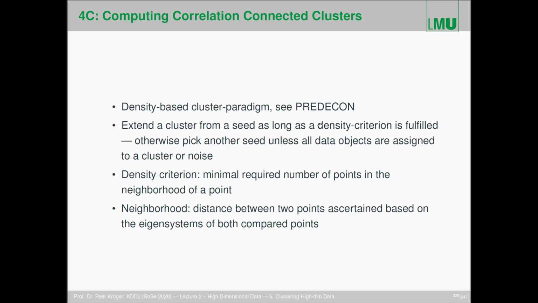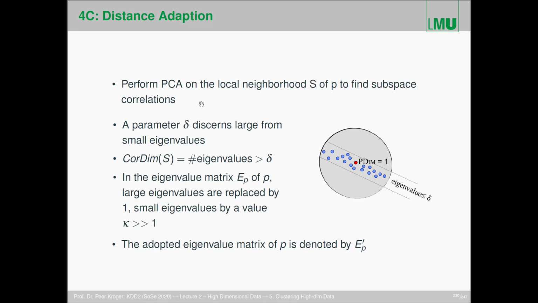So instead of the axis parallel ellipsoids we used in PreDeCon, now we have an eigensystem that actually spans an ellipsoid. So what do we do? Well, we perform PCA on the local neighborhood of a point to find the subspace correlations, to find the correct eigensystem.